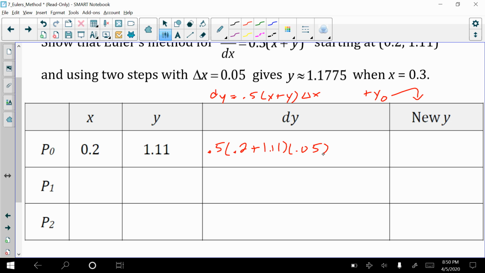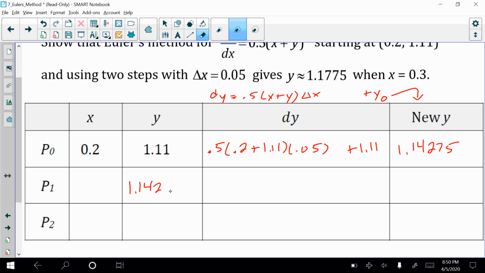But that's not what the y coordinate is going to be. We have to take that and add it to the previous y value, and the only thing we have is 1.11. If you add all those things together, we get a y value of 1.14275. That will be the y coordinate of the next row.